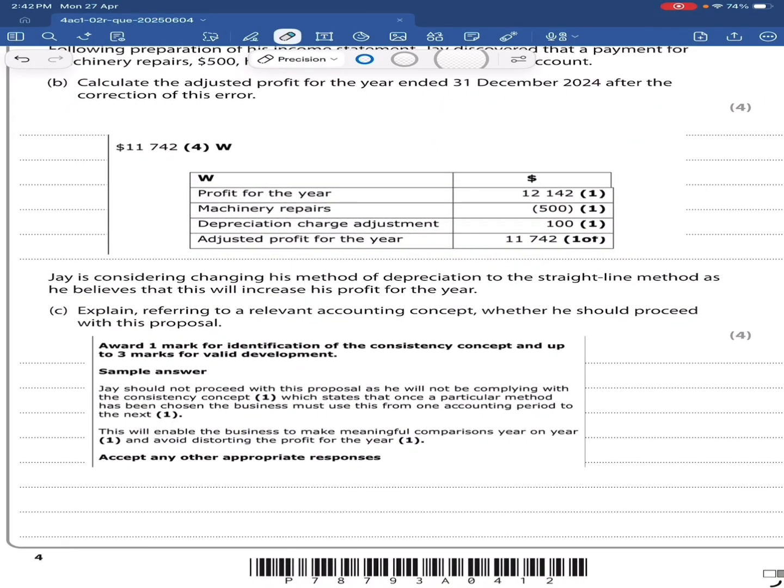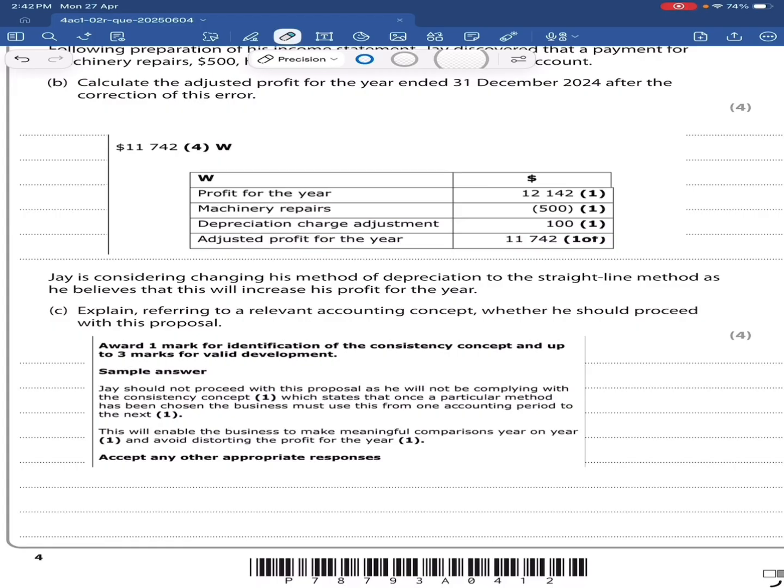Question C. J is considering changing his method of depreciation to straight line method as he believes that this will increase his profit for the year. As you know, using reducing line method means every financial year the amount of depreciation decreases, reduces. Whereas for straight line method, it's the same amount which will reflect in the following years.